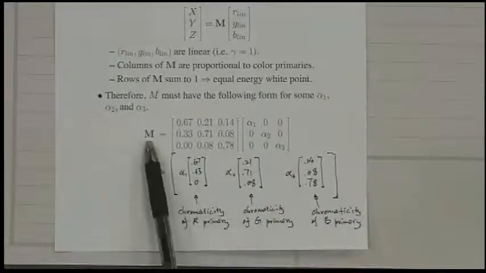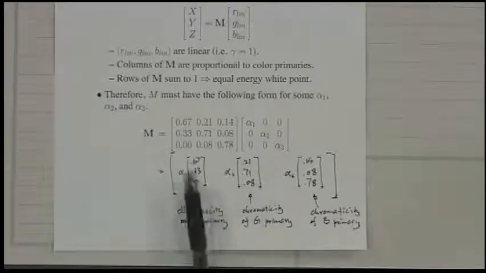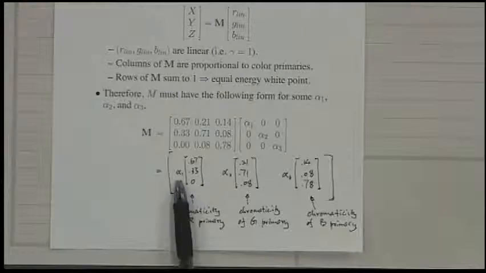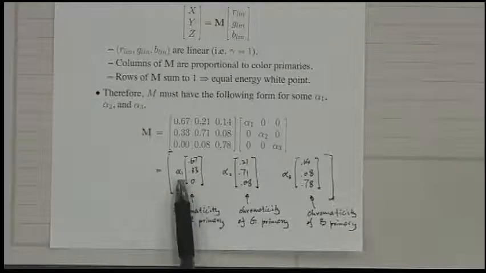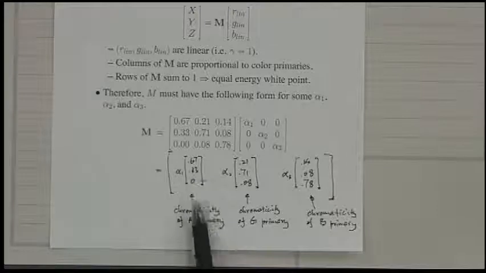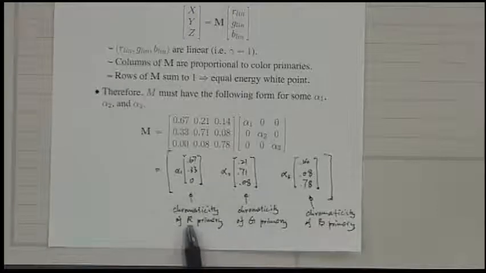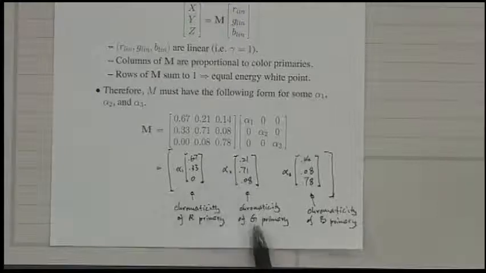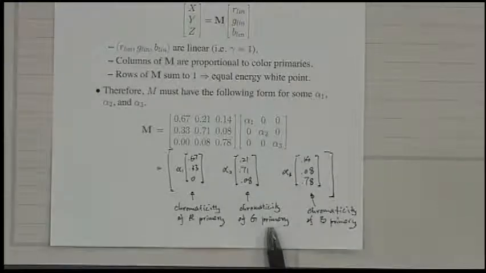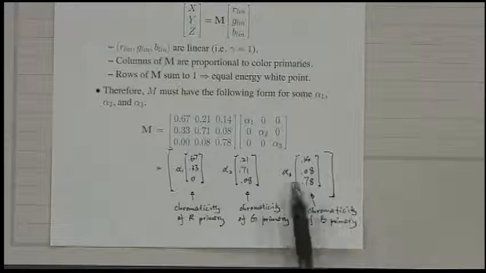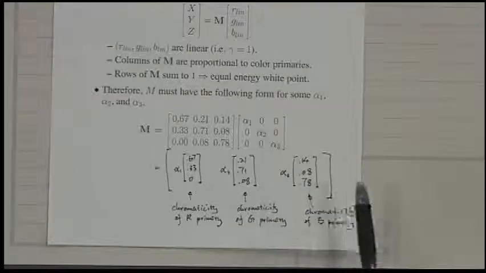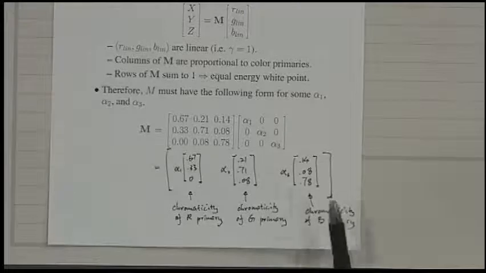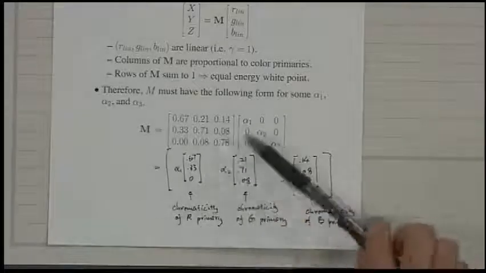So each column, the first column basically will be a scalar number times the chromaticity of the R primary. The second column will be a scalar multiple of the G primary chromaticity. And the last column is another scalar multiple of the B primary chromaticity.